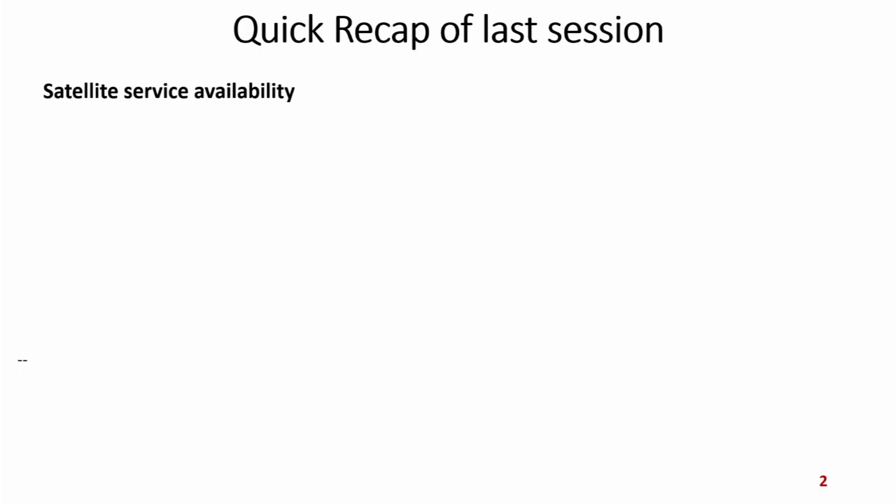So, in the last session, we discussed the satellite service availability. In order to have a continuous satellite service, we considered two cases. The first case is that there is no backup satellite in the orbit.